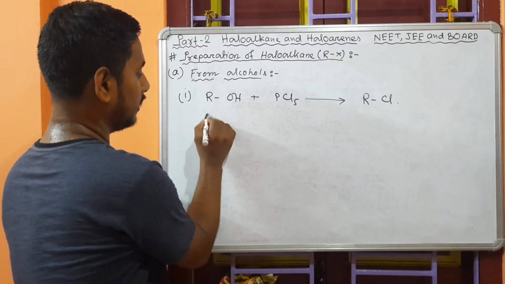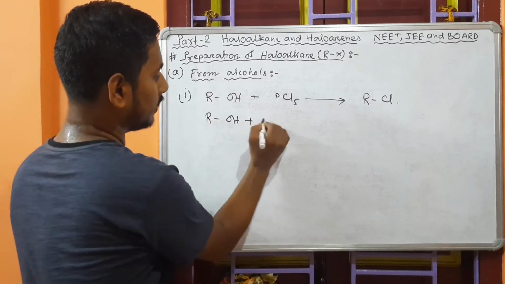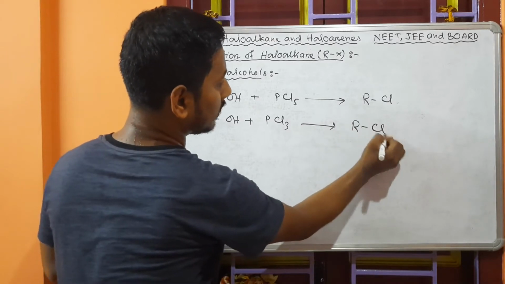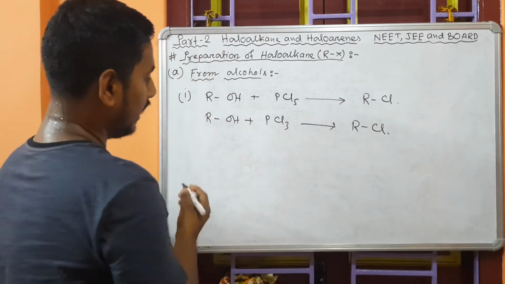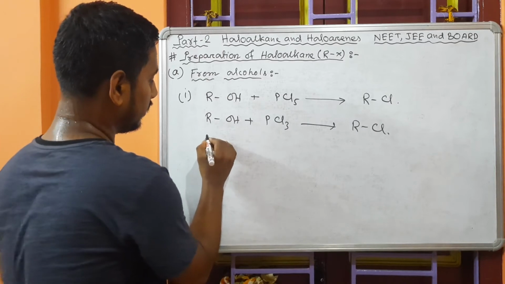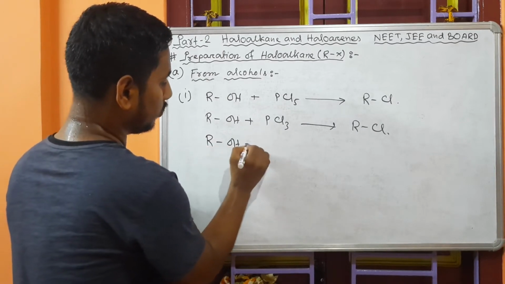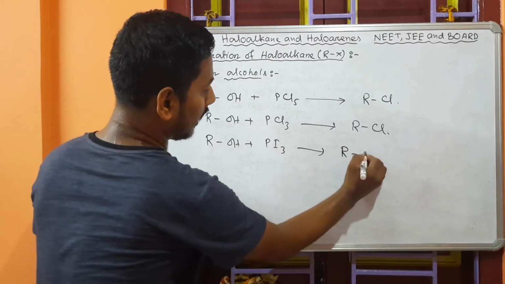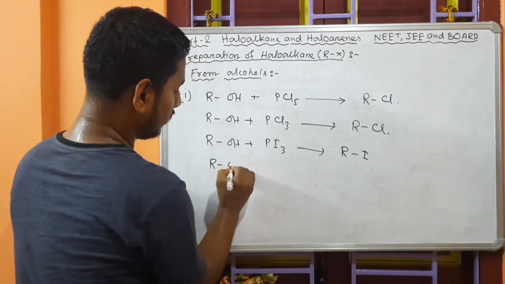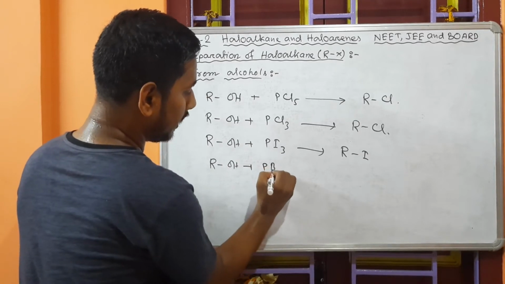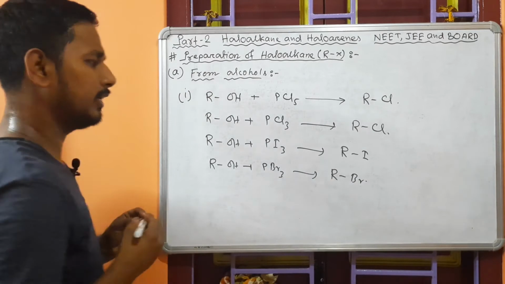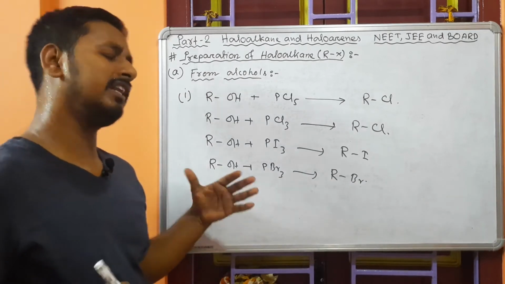And if you react the same thing with PCl3, then you get RCl. And if you react ROH with PI3, then you get RI, and if you react with PBr3, then you get RBr.